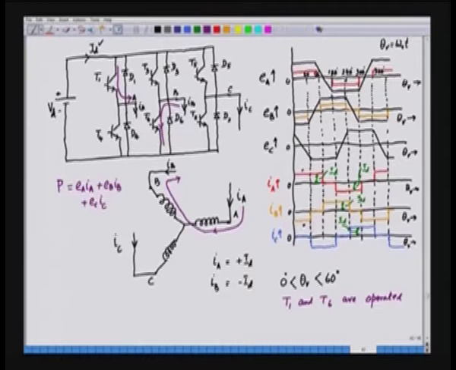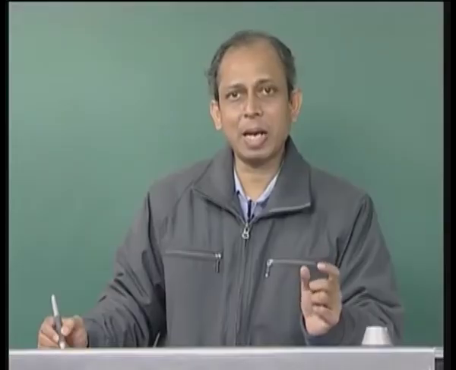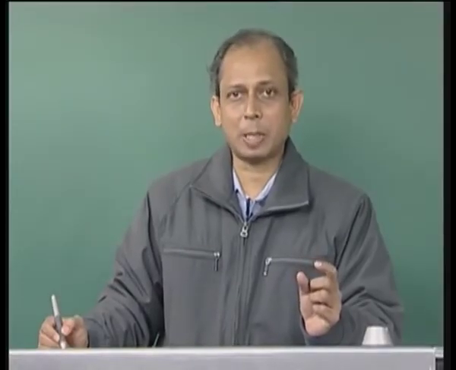Now, if we take the first 60 degree interval, this 60 degree interval, we see that IA is positive and IB is negative and IC is 0. So, at any given time only two phases are conducting.